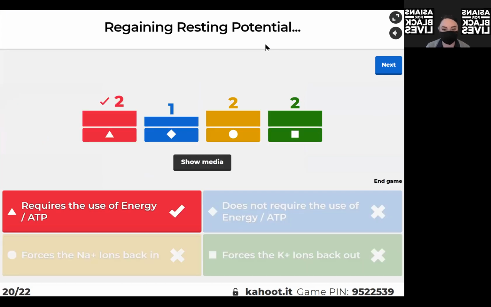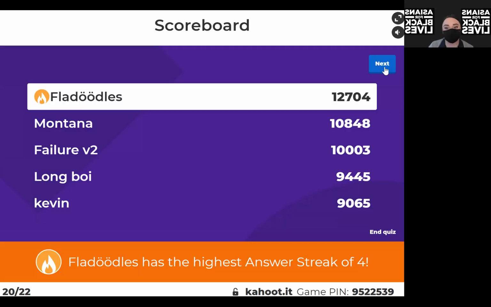Good. It requires the use of energy or ATP. And remember, that's because we have to force the sodium ions back outside and force the potassium ions back inside. And so whenever we force something to go against a natural movement, it requires some energy.